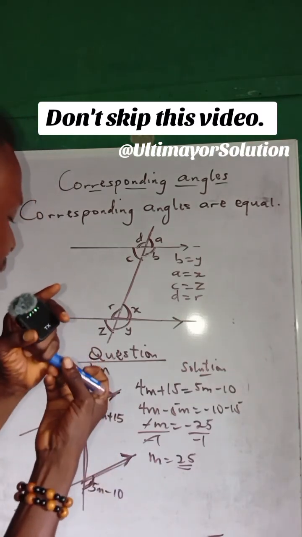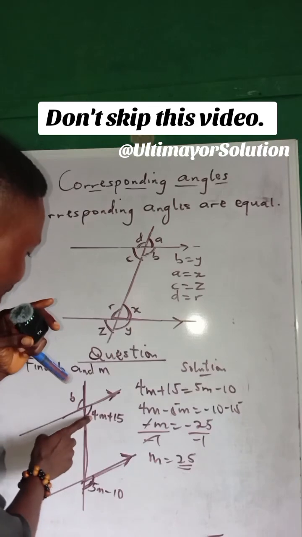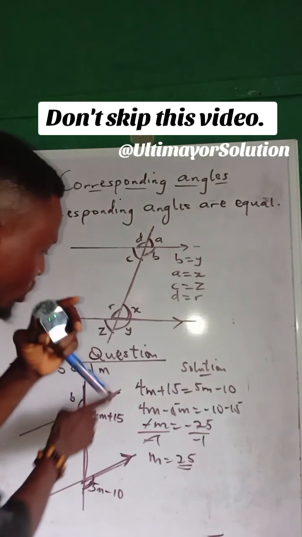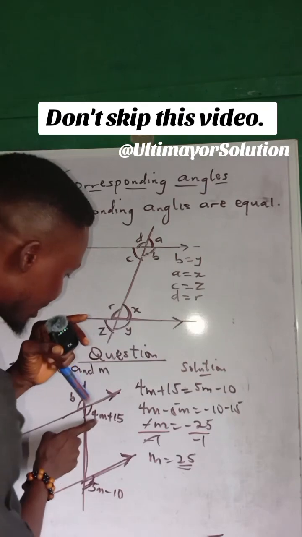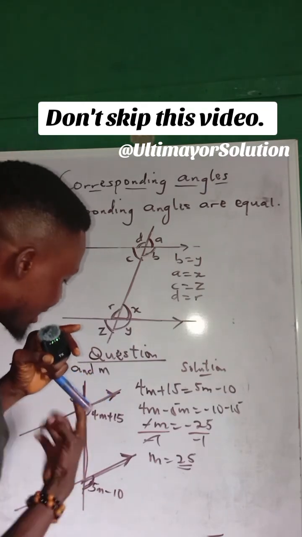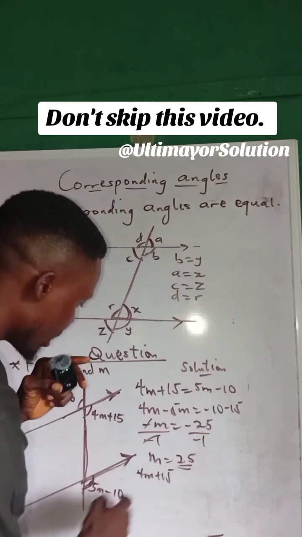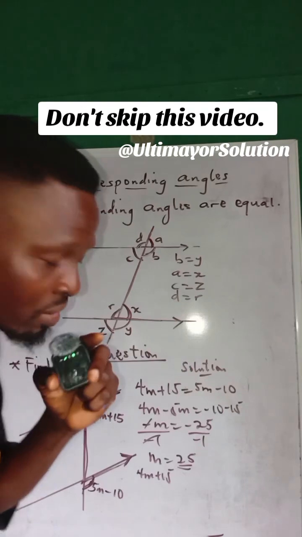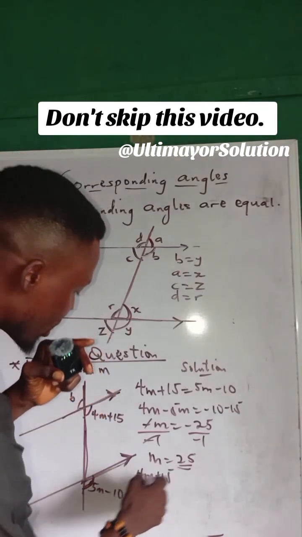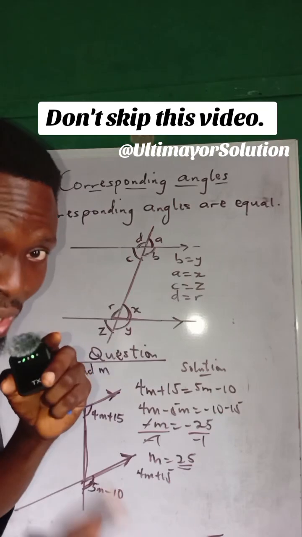Now if the value of M is 25, what is the value of the angle that is here? We just got the value of M. So let's get the angle that is here now. The angle that is here will be 4M plus 15. Remember 4M means 4 times M. So 4 times 25 gives us 100.